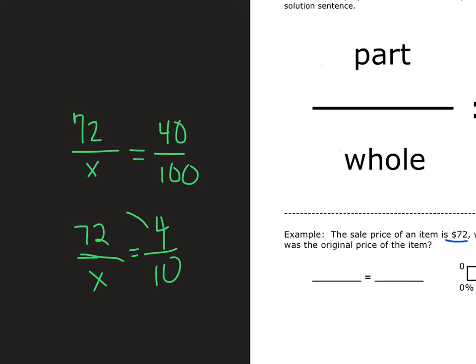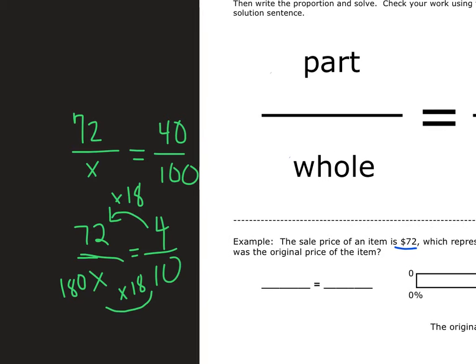How can 4 become 72? Well, if we multiply times 18, then 4 times 18 equals 72. So whatever we do on one side, if it's up here, we need to do it down here as well. So 10 times 18. So that would be 180.